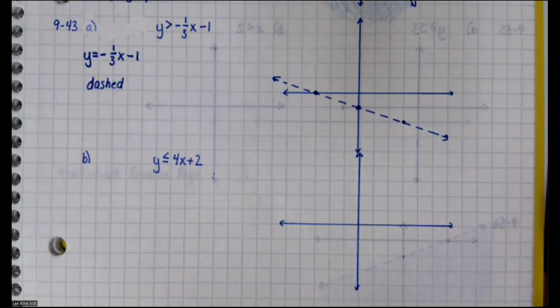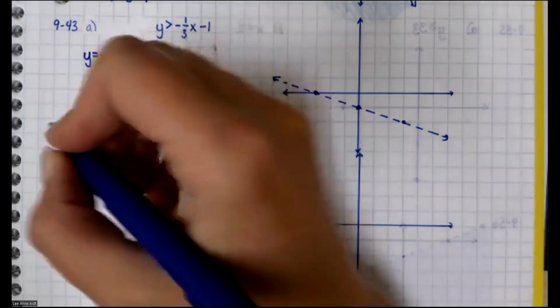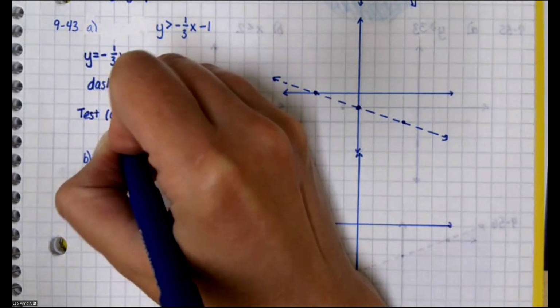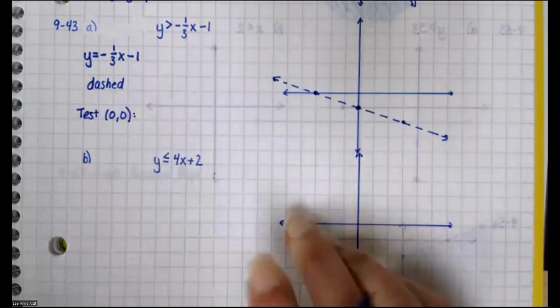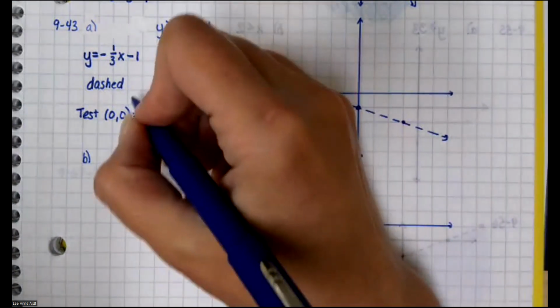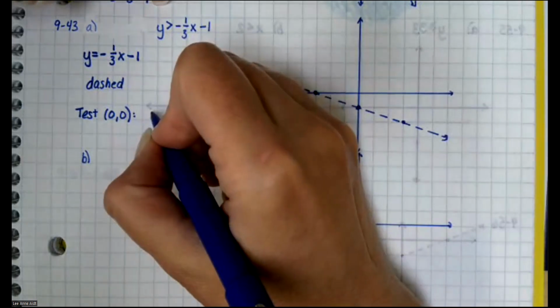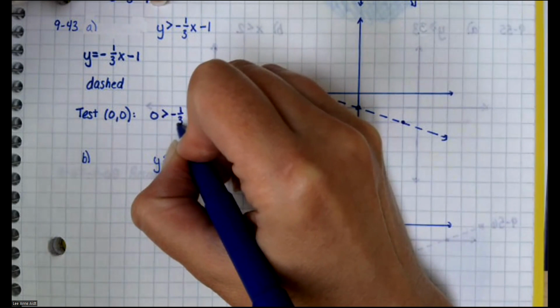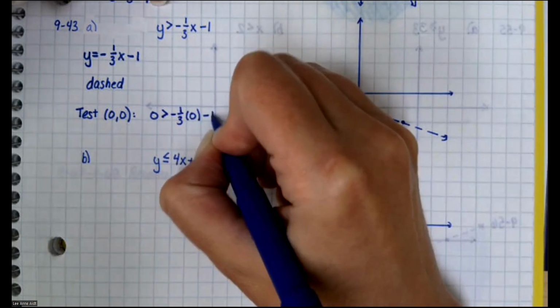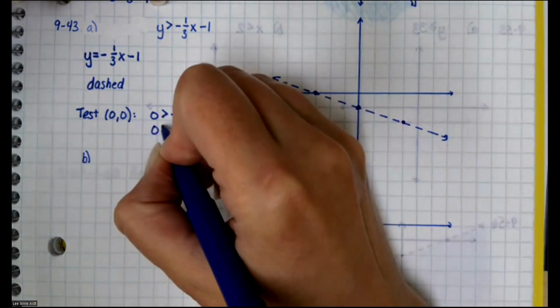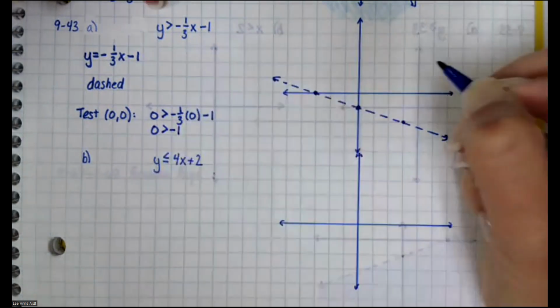Yes, yes, yes. Okay. What coordinate do you guys want to test? Yeah, I want to test 0, 0 because I'm lazy. Can I test 0, 0? Yes, because my line does not go through it. Okay, so back up to the original. 0 is greater than negative 1/3 times 0 minus 1. 0 is greater than negative 1.